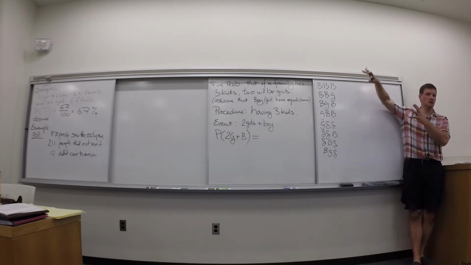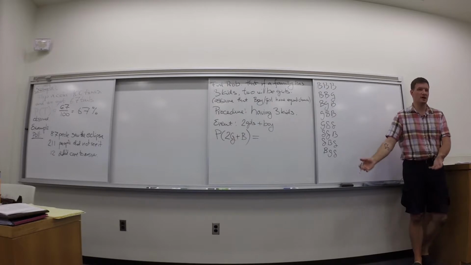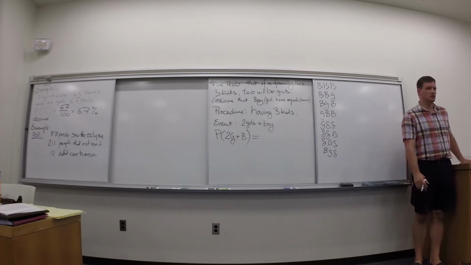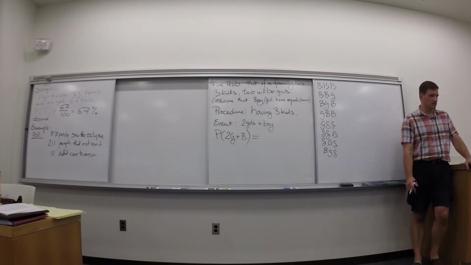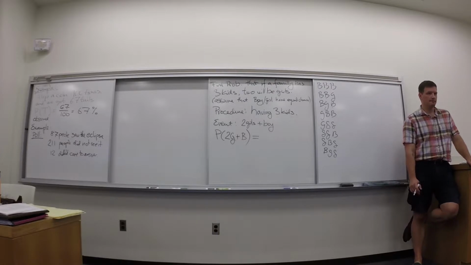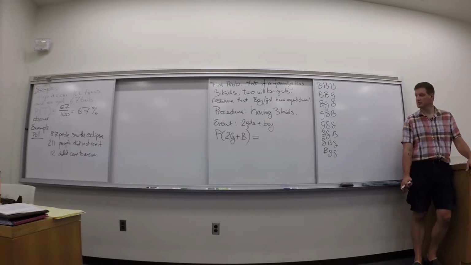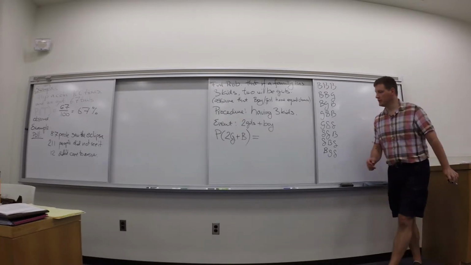Now you can do this systematically the way I did, or you can try to draw a tree diagram. You'll get the same thing. We did a tree diagram before with heads and tails, and now it's girls and boys. Okay, so now what are we looking for?